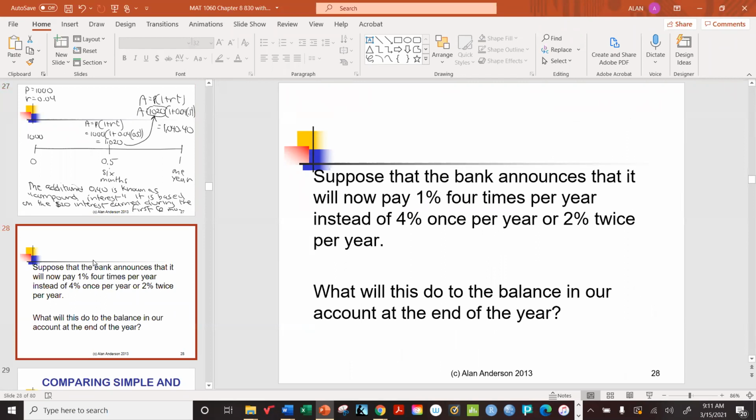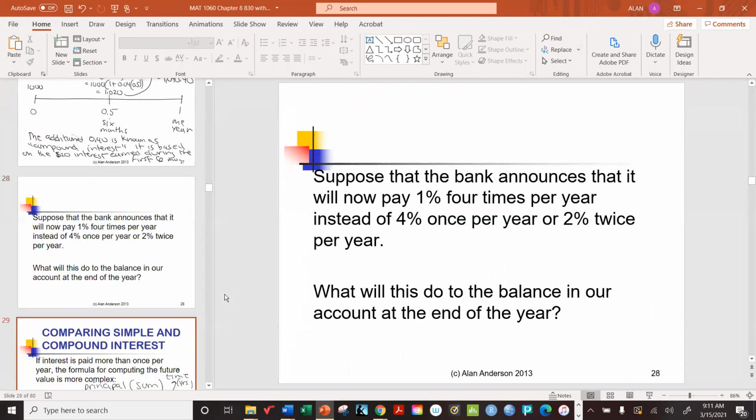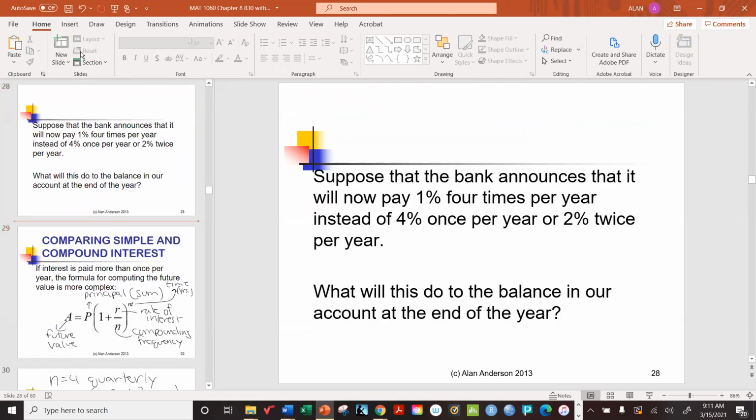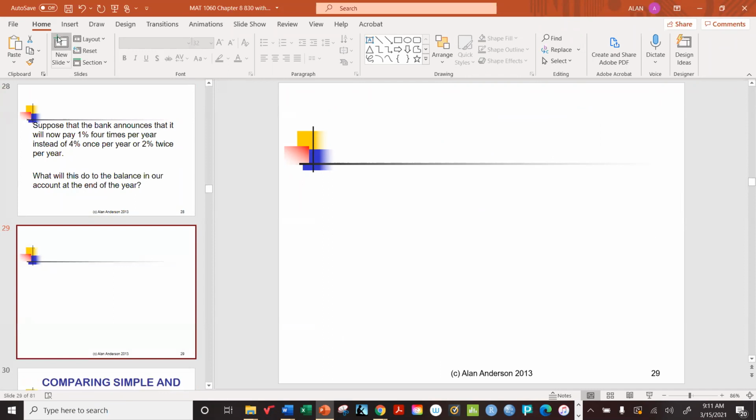All right, let's see how much we would have in the bank at the end of the year if we're getting 1% 4 times a year instead of 4% once a year or 2% twice a year. Now this one, I'll have to split up into 2 pieces. I'm sure that we're going to run out of space.